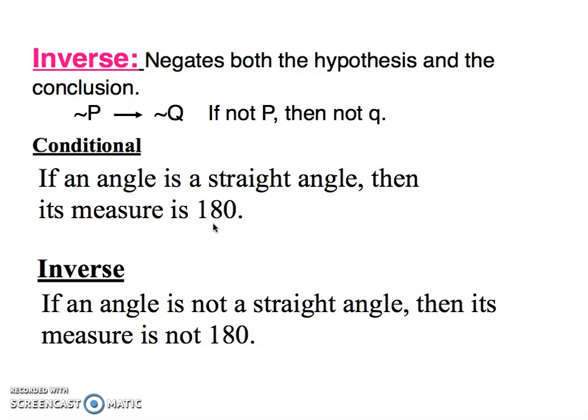And then the inverse of this says, if an angle is not a straight angle, then its measure is not 180 degrees. So I used the same parts of the hypothesis and conclusion, but I just inserted this word not. So that's the inverse.